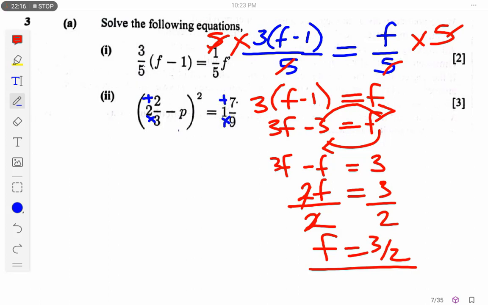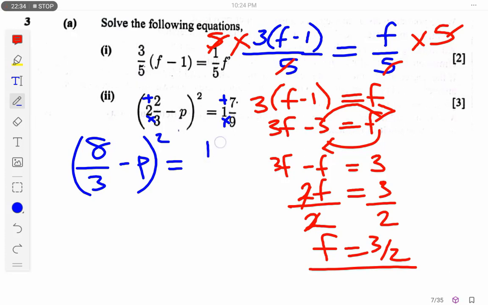So I'm going to have 2 by 3, that's 6 plus 2, that will be an 8. So I have 8 over 3 minus p to the power of 2 is equal to 1 by 9, that's 9 plus 7, that will give me a 16. So it's 16 over 9. So this is how we rewrite that equation.